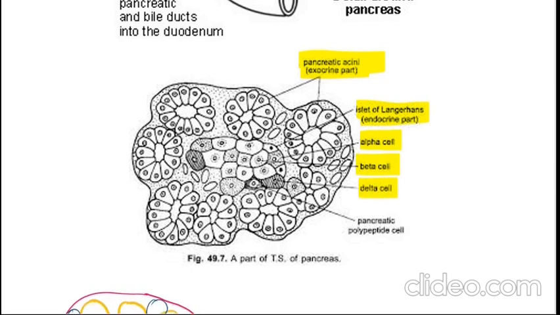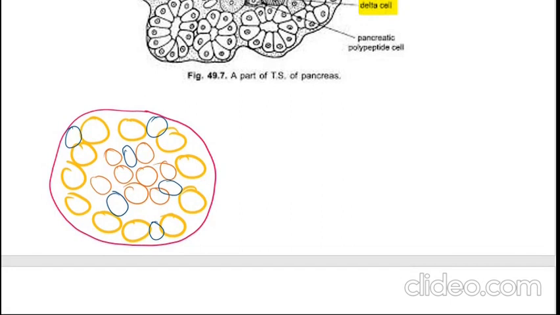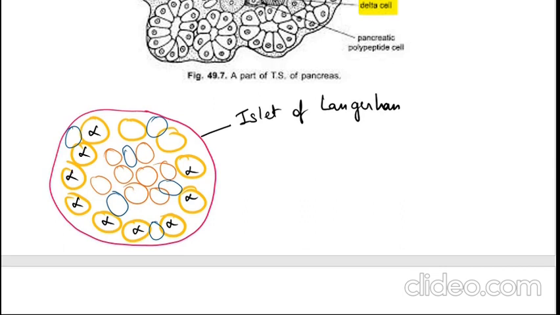Now, if we see the arrangement of the cells within the islets of Langerhans, this is one islet of Langerhans. Within this islet, the alpha cells are present towards the periphery, and the beta cells are present on the inside.